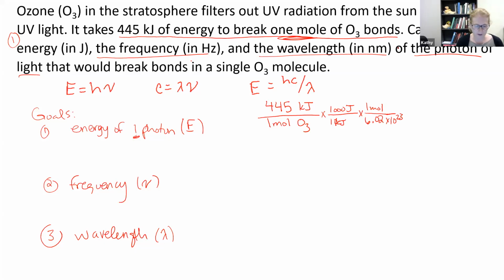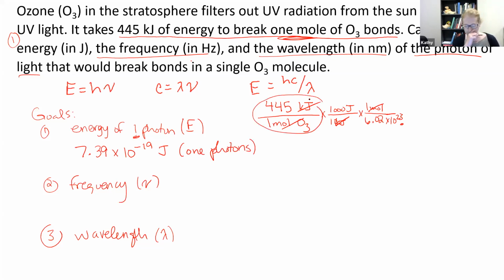When I do that math, you notice that moles have canceled, kilojoules have canceled, and then this is a single photon, so I'm left in joules. And so it's 7.39 times 10 to the negative 19 joules in 1 photon. I've divided out the fact that there were a lot of photons in this original.